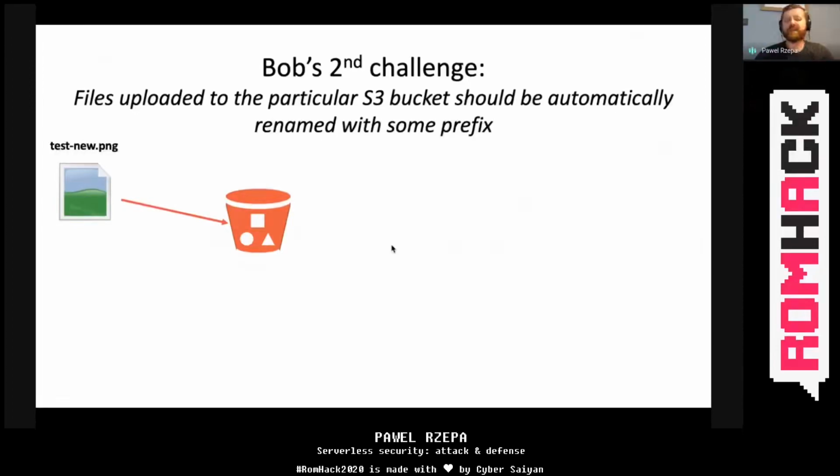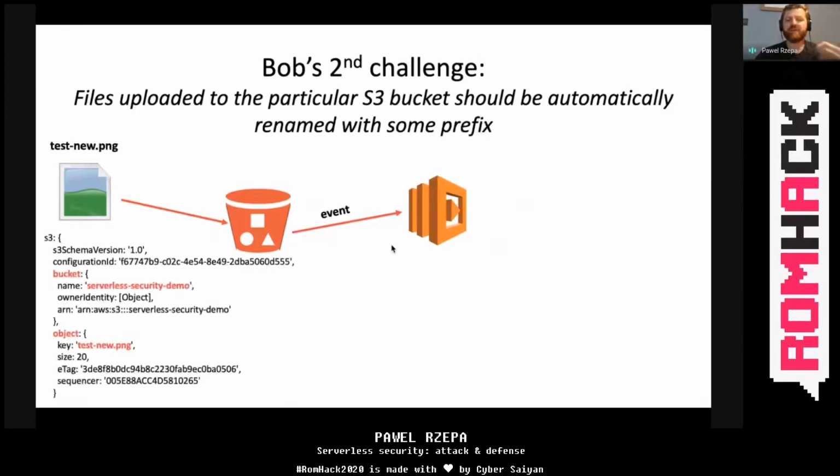If you, as an internal user, upload a new test PNG file to the S3 bucket, then this upload should trigger an event. An event is basically a JSON file where you can find information such as the bucket name or the name of the file that is uploaded to this bucket. And this event should invoke the Lambda.